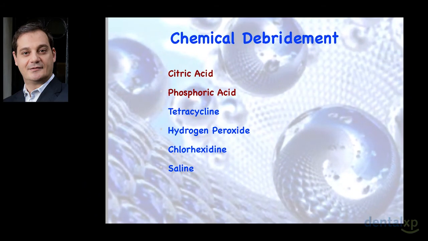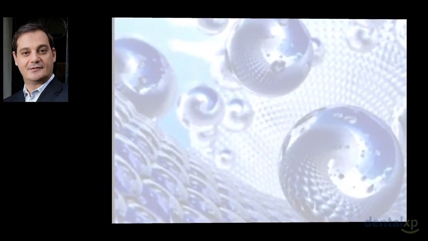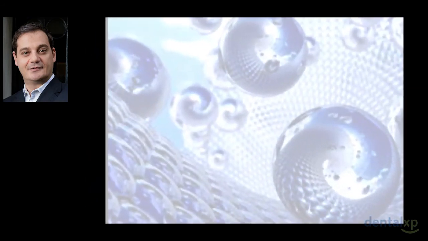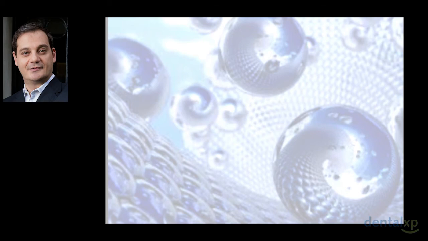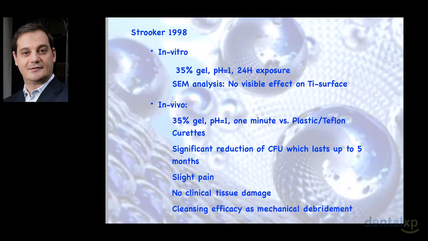How about the phosphoric acid? Not much has been talked about in the literature, but what we found in 1984 is that it has a clinical and microbial result comparable with the citric acid. And lastly, we found in the most recent one, 1998, I don't know how recent this can be considered, where they took the phosphoric acid and did it in vitro and in vivo.